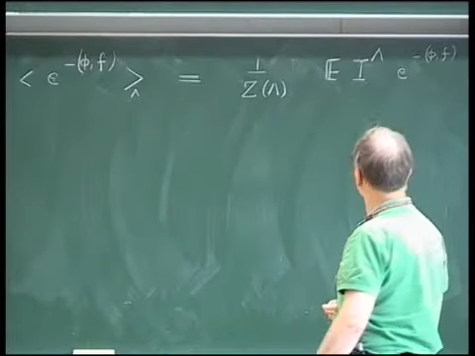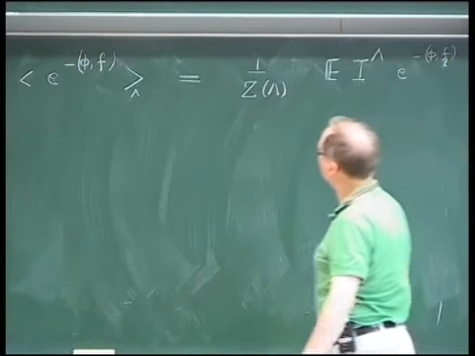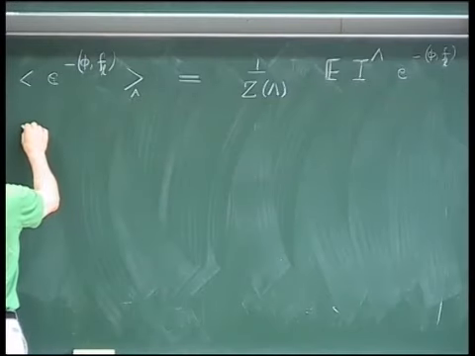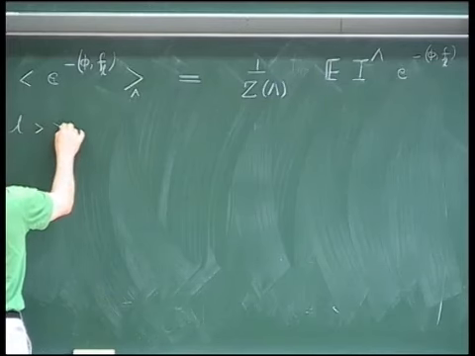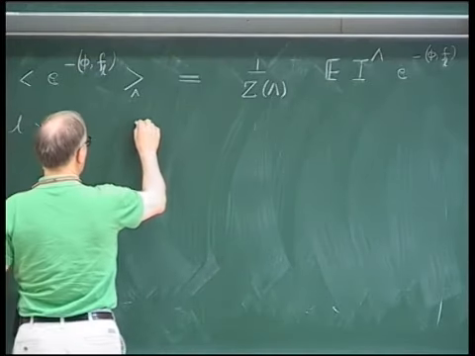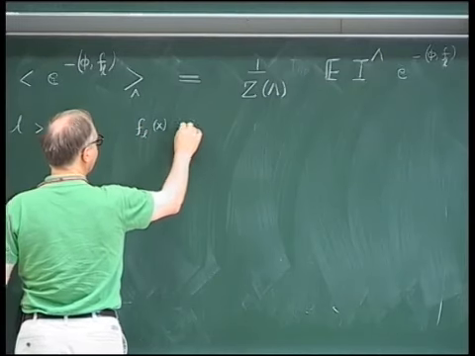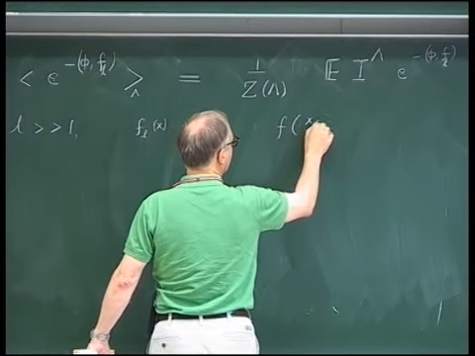So for that reason, I'm going to put a subscript L on f here. And f sub L, well, L is a length scale, so L is a very long length. And f sub L of x is f of x divided by L.